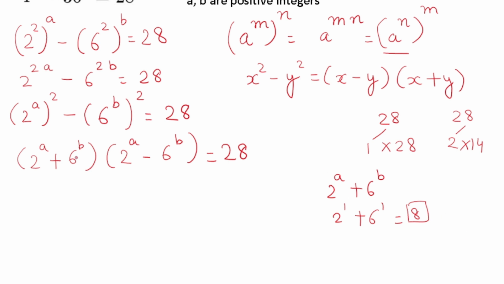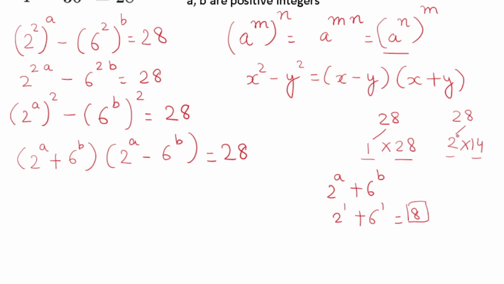So 2 raised to the power a plus 6 raised to the power b is going to be an even number, and similarly 2 raised to the power a minus 6 raised to the power b is also going to be an even number. So even number multiplied by even number will give us an even number, which is 28. So if you see these three pairs, both of the factors should be even numbers.